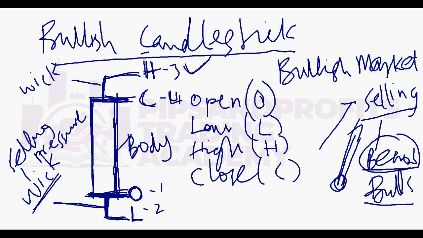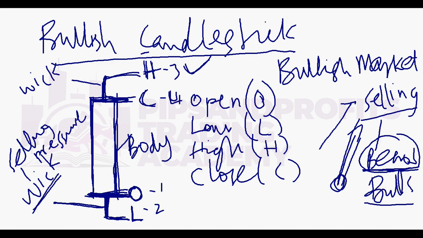However, when they got to a higher point, they were also met with opposition. So the bears met them again, and at that particular point, they rejected that higher price. So what happened was that they were able to push price down.